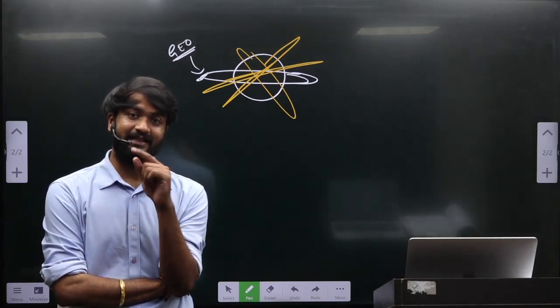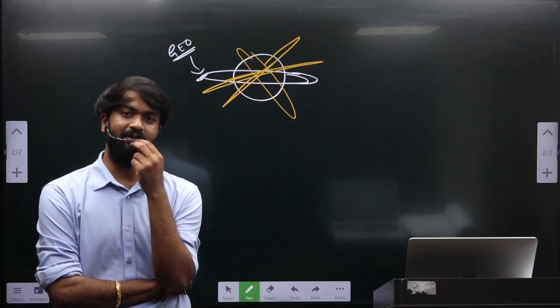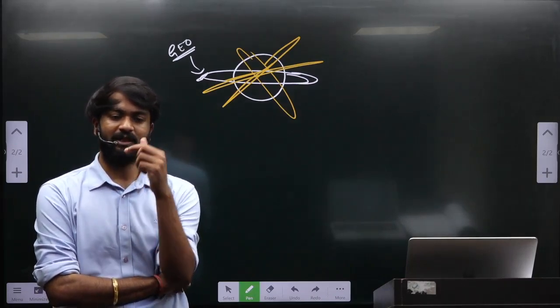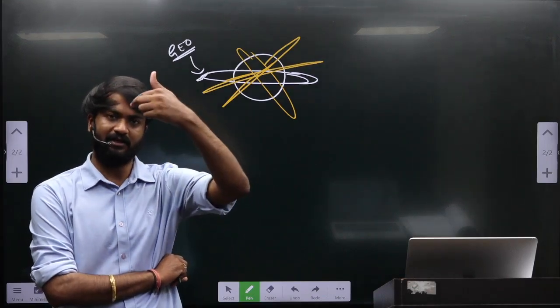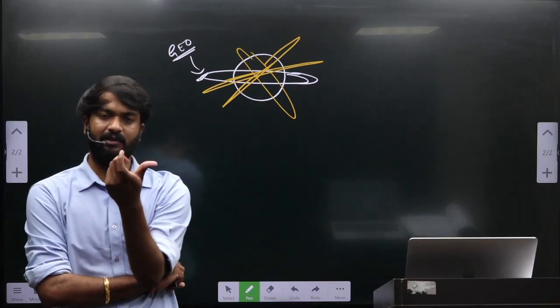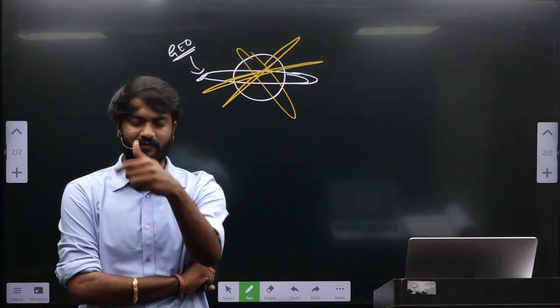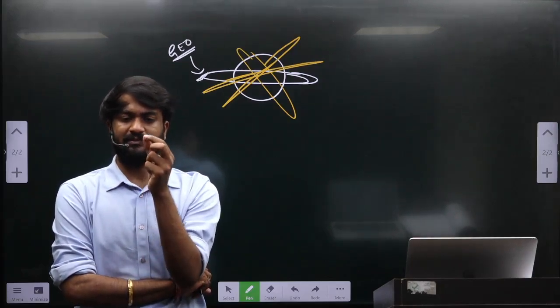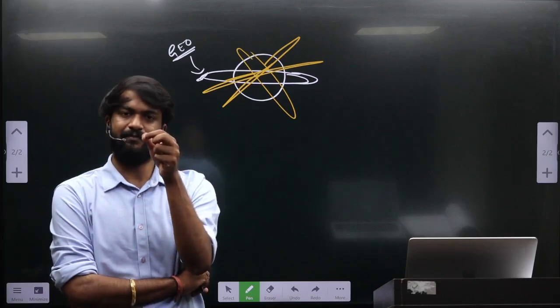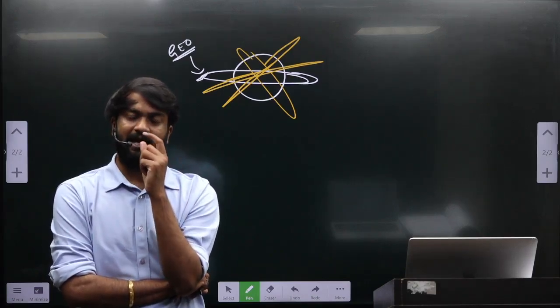It will be at the same point at the same time again, because the rotation time is 24 hours. So if it is revolving around the earth in 24 hours, earth is also rotating in 24 hours.